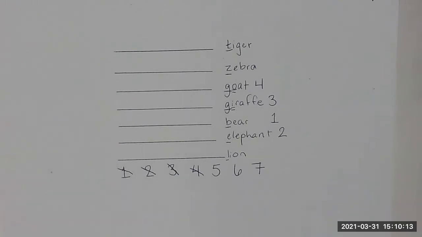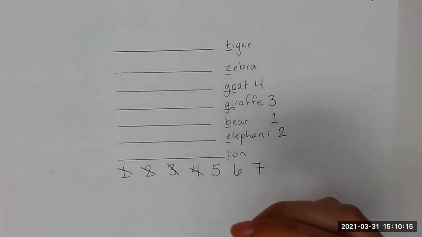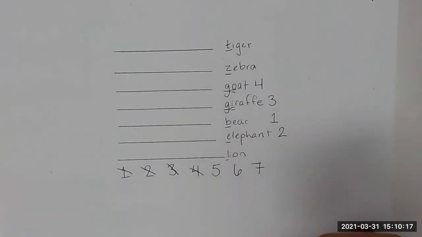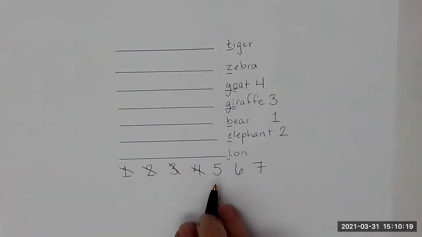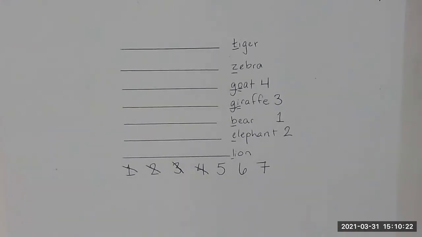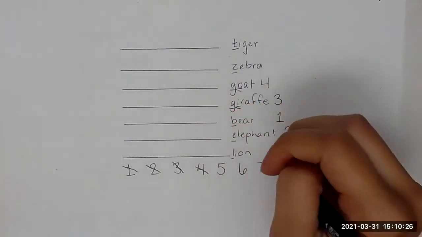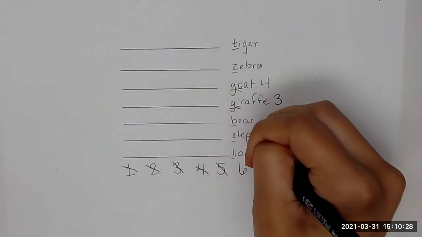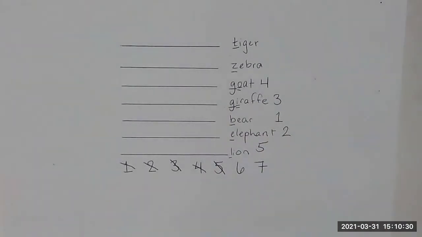Yes. What number should we use next? We should use the number 5. We are going to write the number 5 next to the word lion. Is there an M?